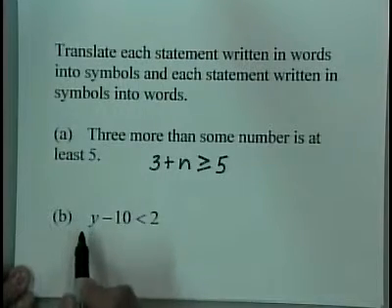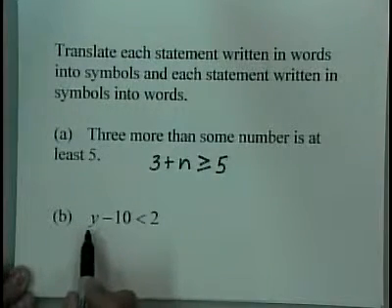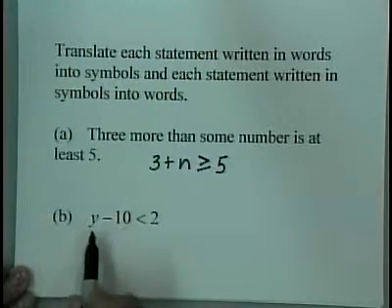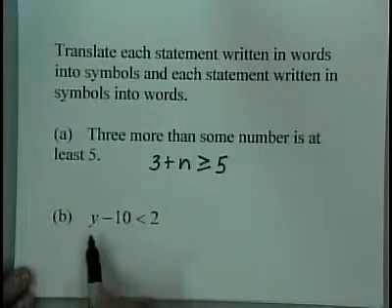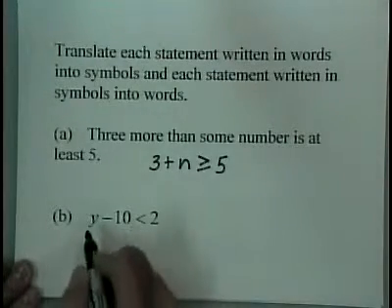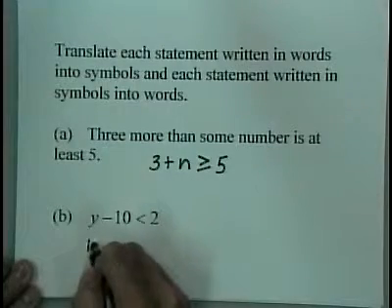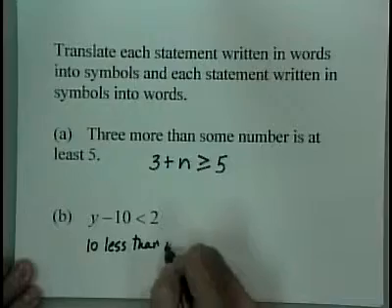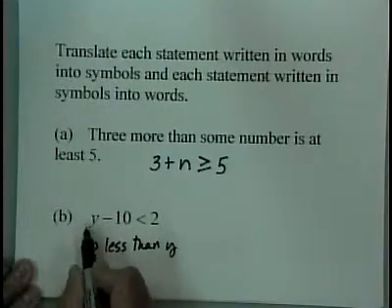In part B here, we see a statement written in symbols. It says y minus 10 is less than 2, and what I just said could be exactly how you might write this statement. Or you could write something like 10 less than y, which is what this side represents.